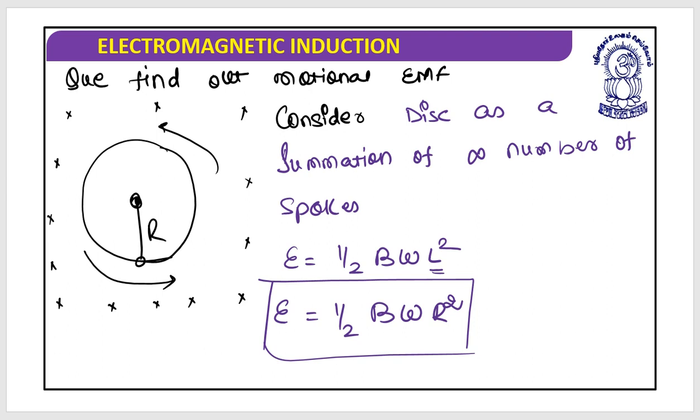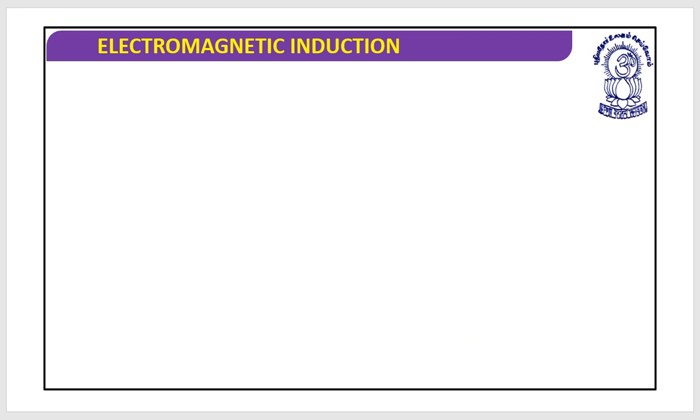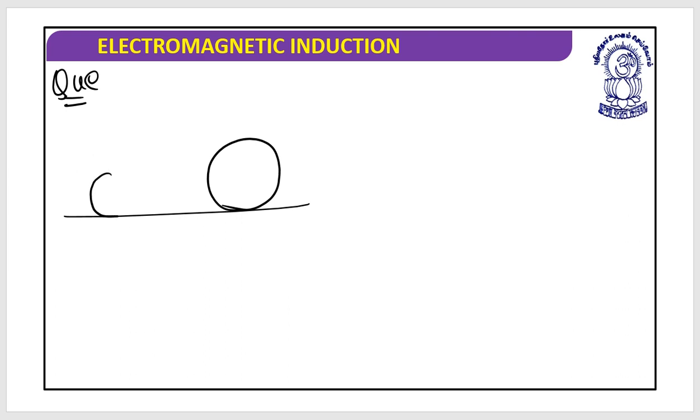Now, let's have certain very good conceptual questions. The question says that, let me draw the diagram first. Let's say these two circular conducting rings are there, and this ring has a radius of 2r, while this ring has a radius of r. This is moving in this direction with speed v. This is moving in this direction with speed 2v.